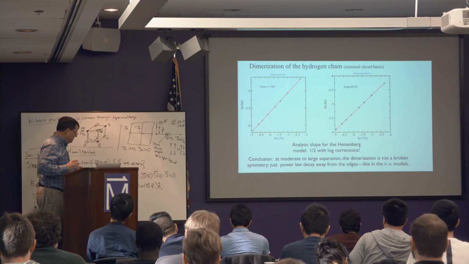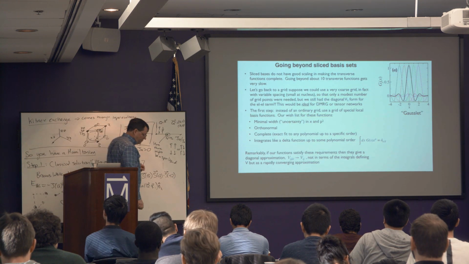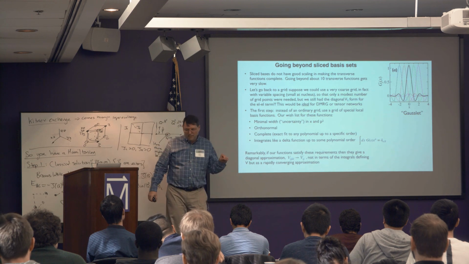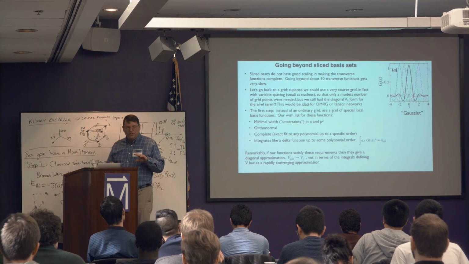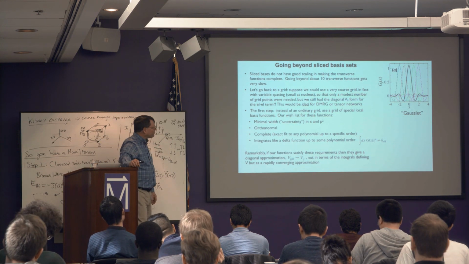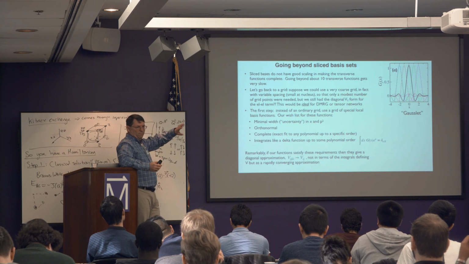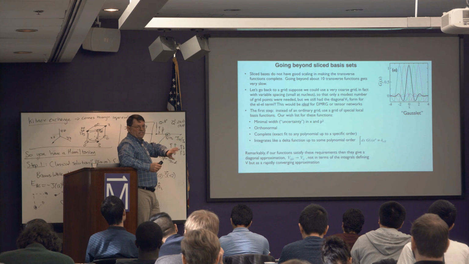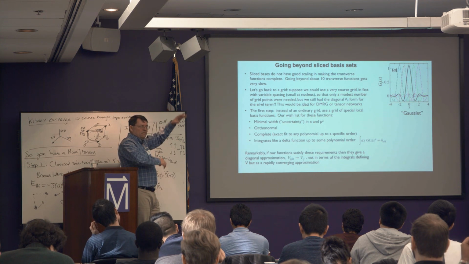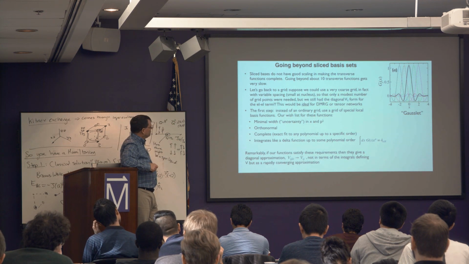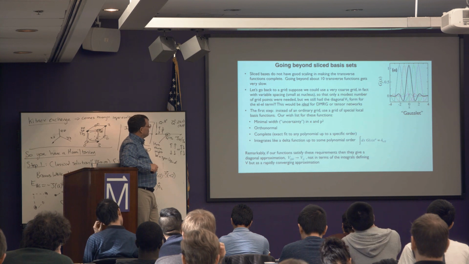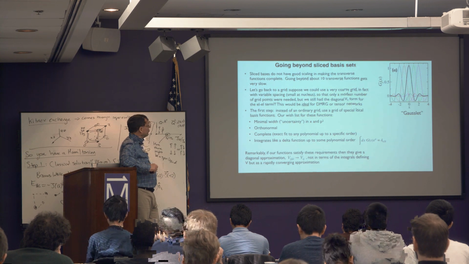Okay. Now let's go back to trying to improve our ability to go, say, beyond the hydrogen chain. So we want to go beyond slice basis sets. The key problem is that we can't increase the number of functions per slice very much, or it doesn't scale well. So let's start thinking about this grid again.